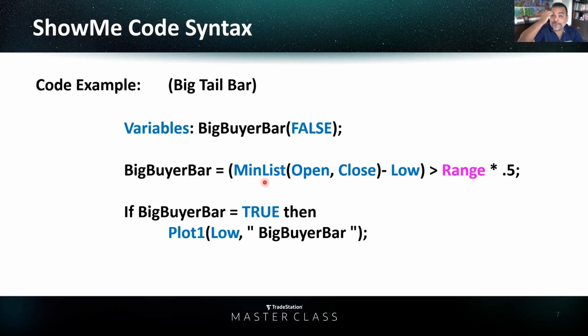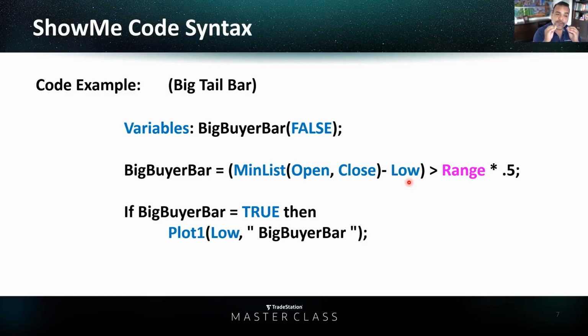When you use it in the EasyLanguage code, it's going to try to find the minimum value of what is provided inside parentheses. A lot of times you don't know if the open or the close is lower than each other, so this will tell you which one it is. It'll grab that and then subtract the low. So what we're trying to establish is the distance of the open or the close, whichever is lower, to the low of the bar.